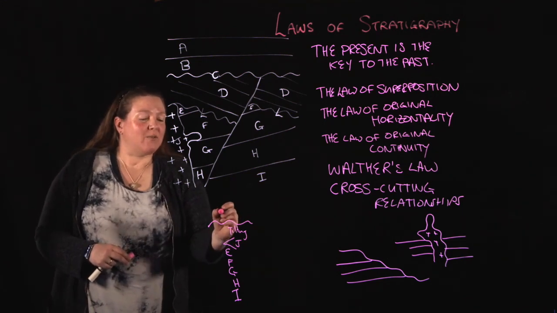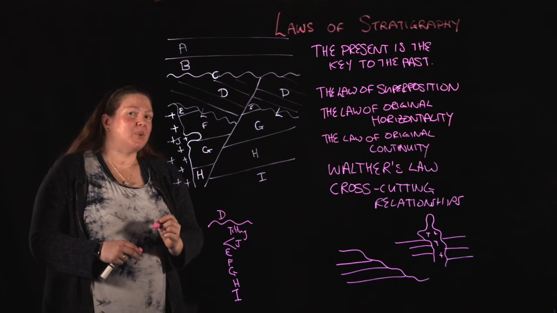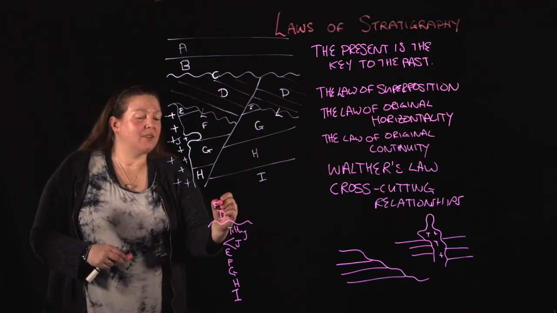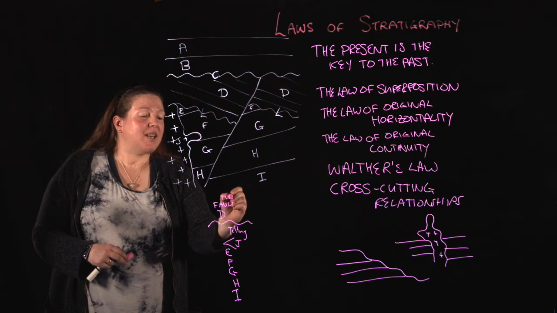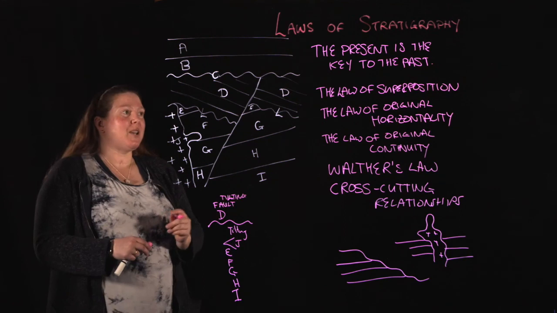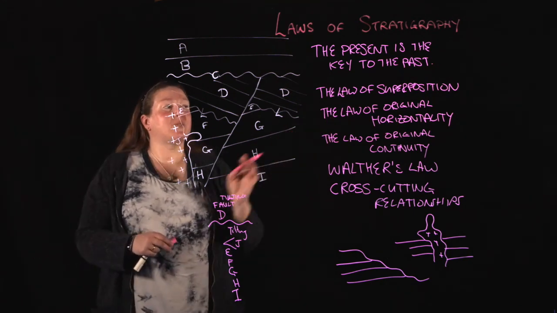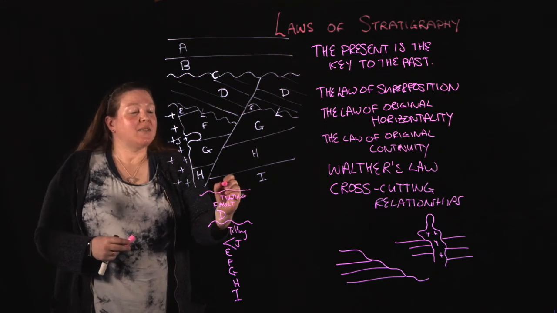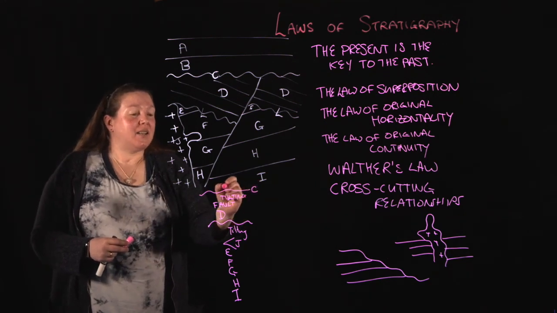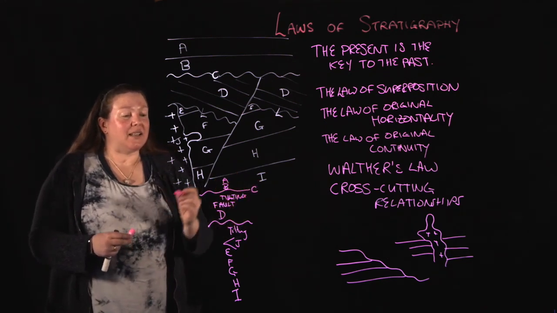Deposited on top of our unconformity, we have unit D, which then has a fault across it, and also some tilting, because that as well is not at the horizontal angle that it should be to conform with the law of original horizontality. We then have another unconformity, C, and then units B and A.